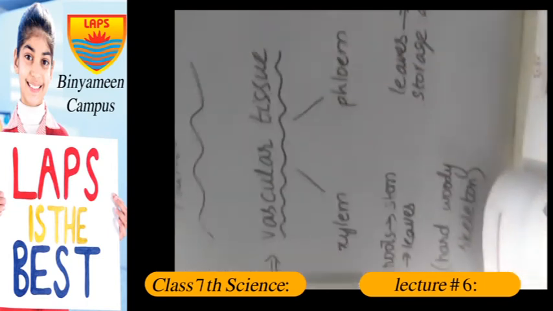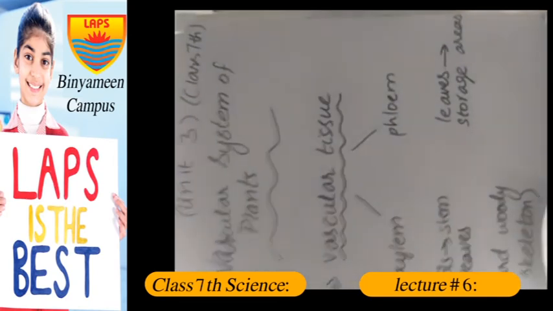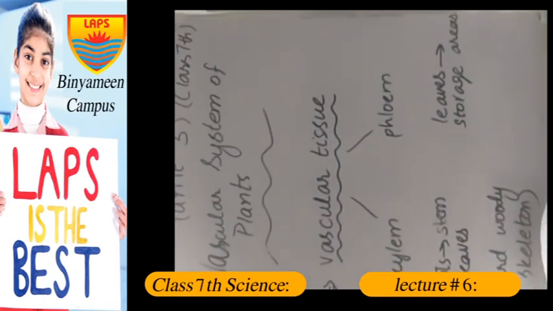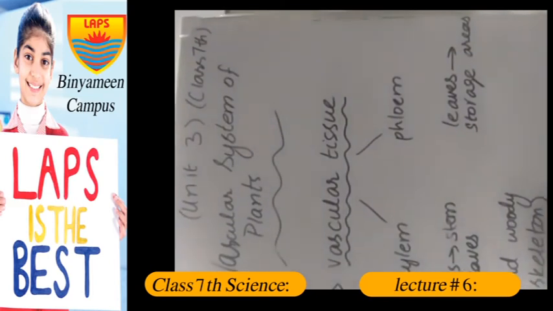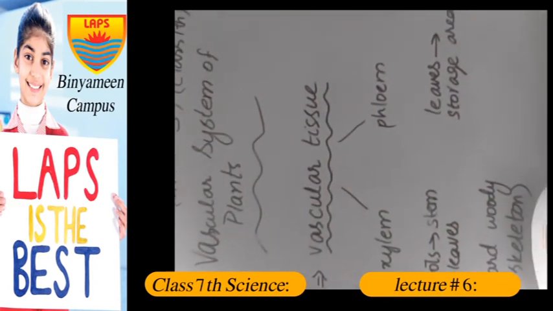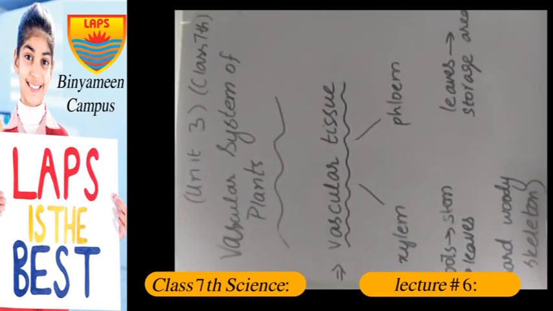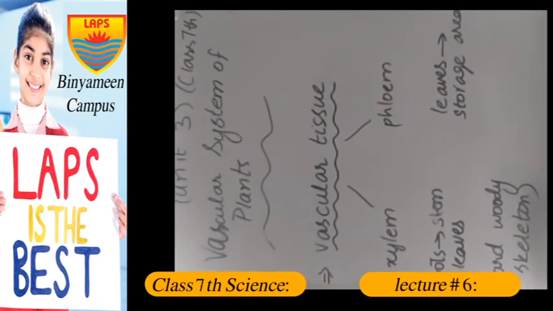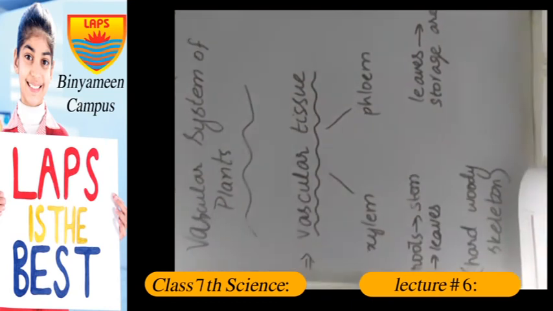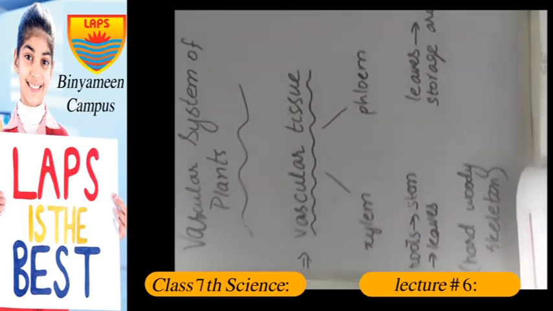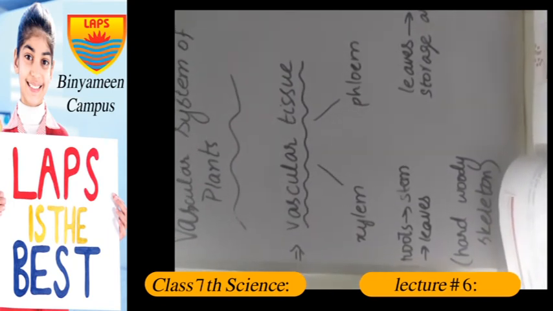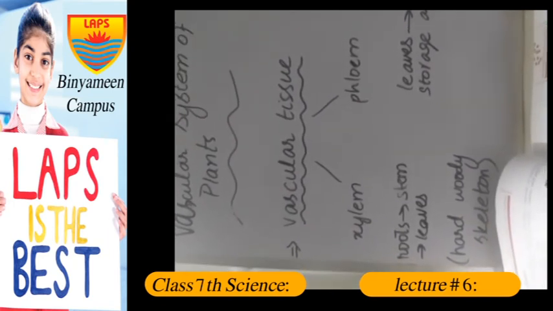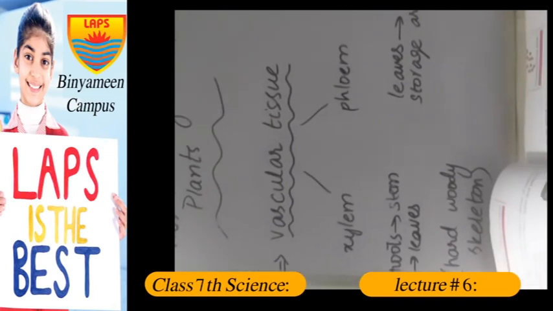So this is the transport system of the plant, and we call this transport system the vascular system of the plant. This vascular system consists of narrow tubes that we call vascular tissues. There are two types of vascular tissues, xylem and phloem. Xylem tissues transport the water and all the dissolved minerals from the roots to the stems and finally to the leaves.